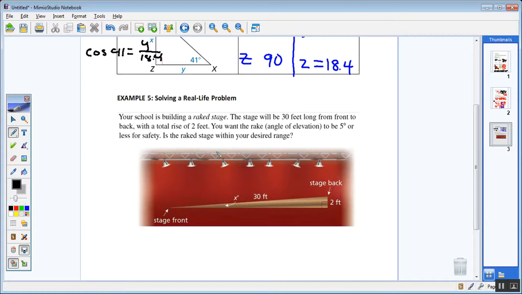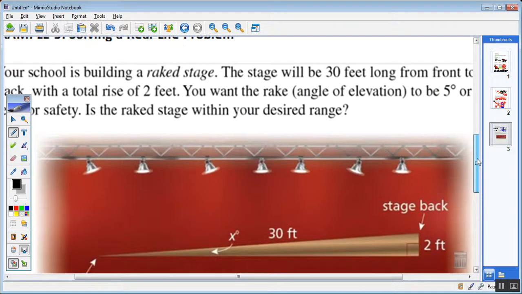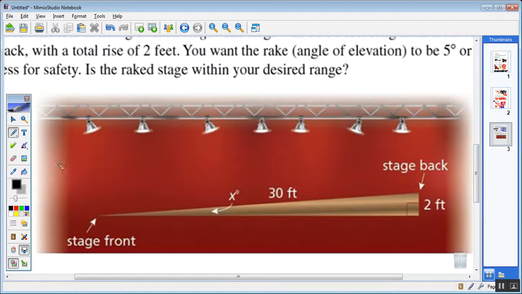All right. Your school is building a stage. The stage will be how long? 30 feet from front to back, with a rise of how much?